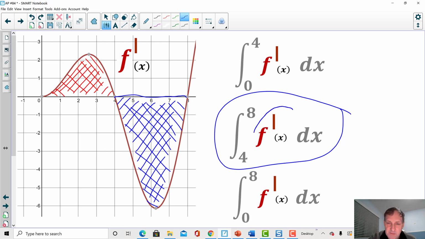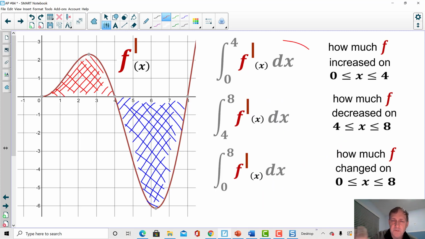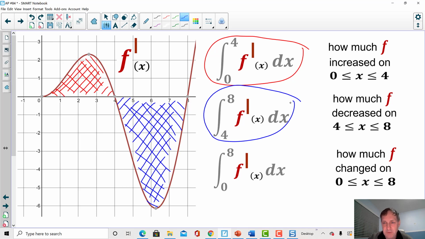Again, f prime tells us how f is changing, and my infinite sum is adding up all those changes. So we're learning how f changes from x equals 4 to x equals 8. So that's what this middle integral is telling us. So this first integral here tells you how much f increased on the interval from 0 to 4. The second integral here tells you how much f decreased on the interval from 4 to 8.